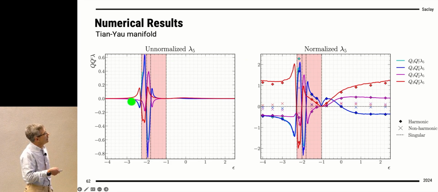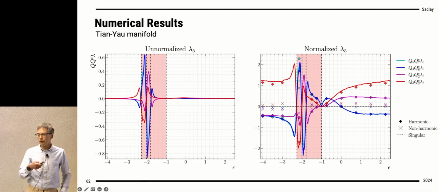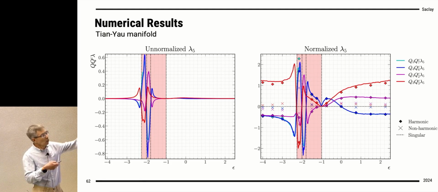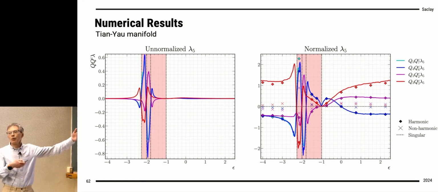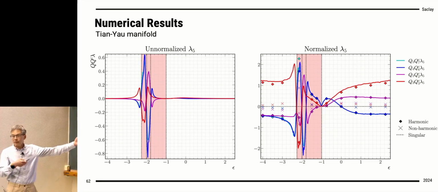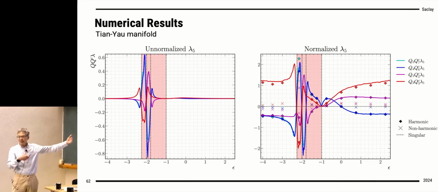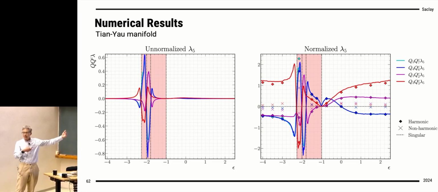And you can see there are still hierarchies here. However, these hierarchies don't mean much because you don't know what the metric is when you normalize it. But why do those depend on the moduli?